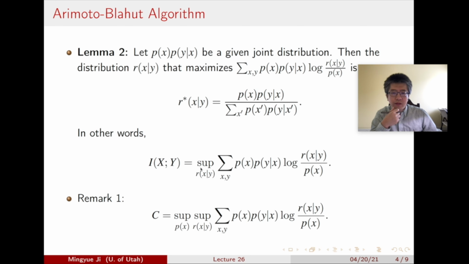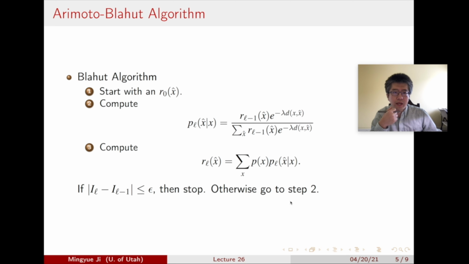By doing this, the channel capacity can be computed as this double maximization problem, where we fix R(x | y), compute P_x, and fix P_x, and then compute R(x | y). So based on these two lemmas, we get the Blahut algorithm and the Arimoto algorithm.